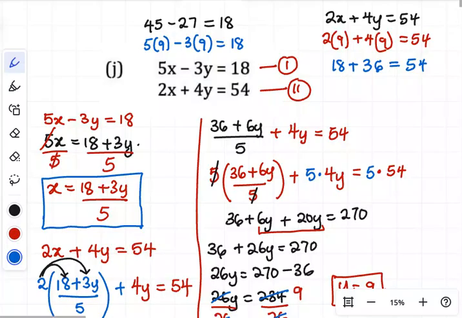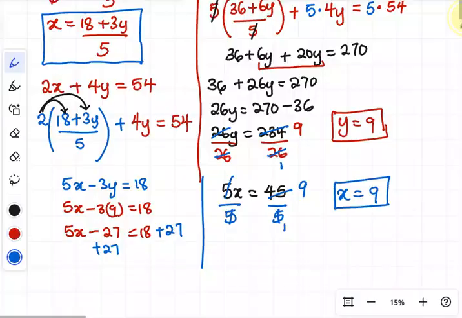So 18 plus 36 gives me 54, which equals 54. You can see these are the respective values of x and y using the substitution method.